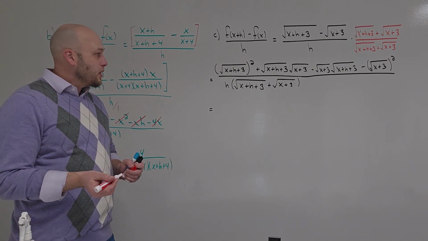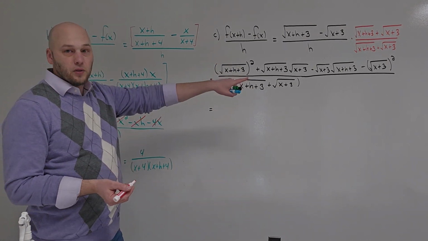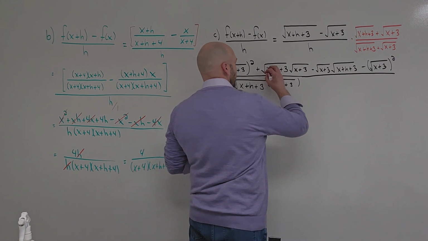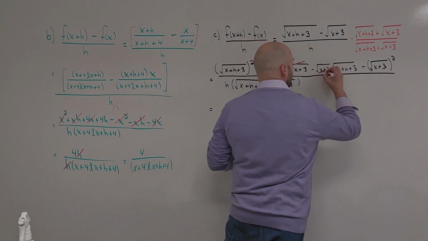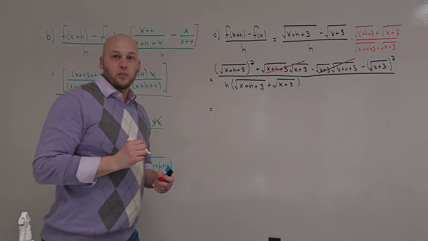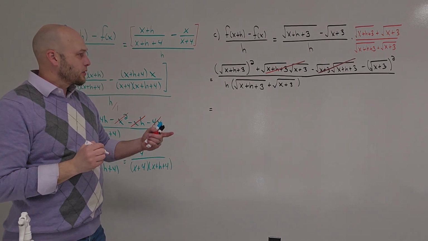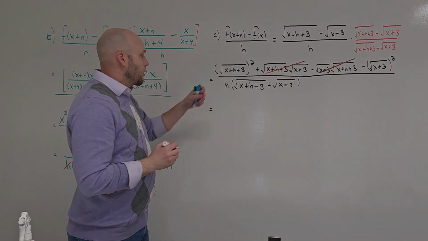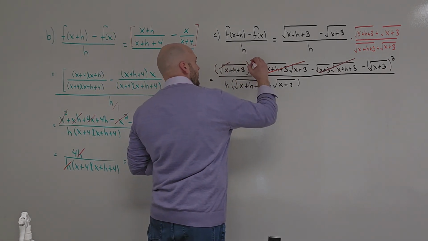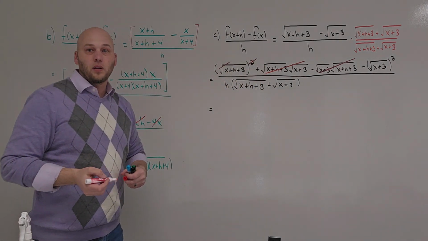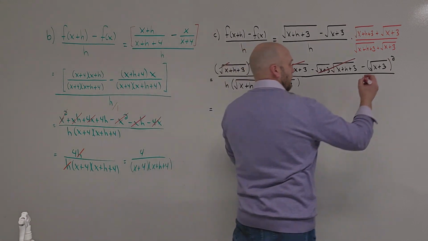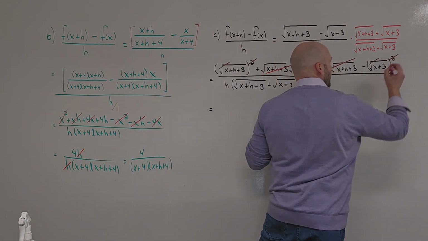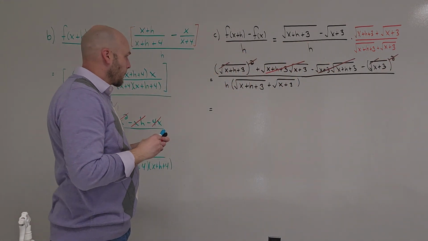Well, what you can see is that the two middle terms cancel. This whole term and this whole term cancel because they're additive inverses. In the very first term, I've got a square of a square root, so that radical and that square cancel. In the very last term, that radical and that square cancel.